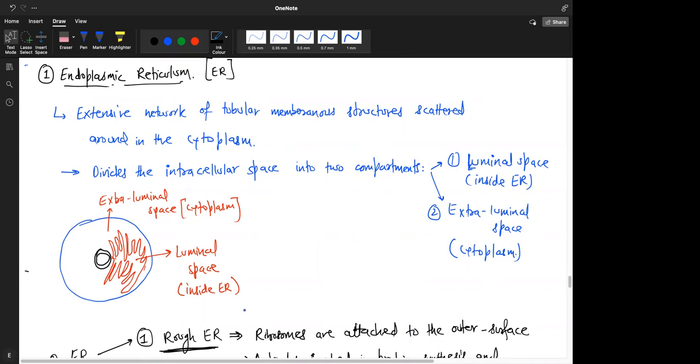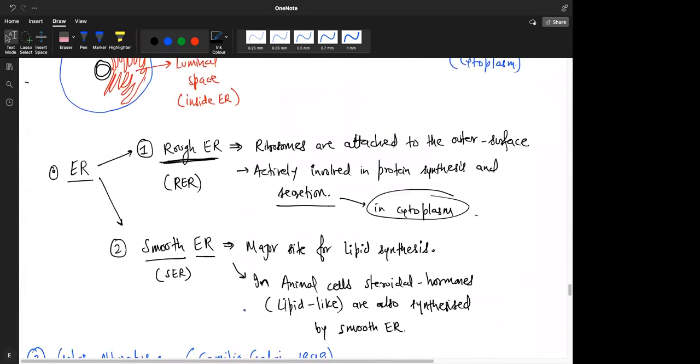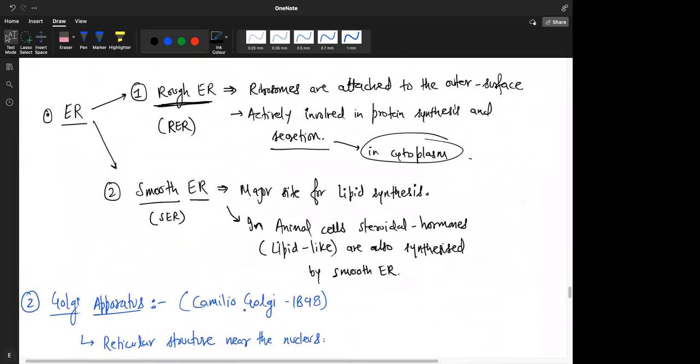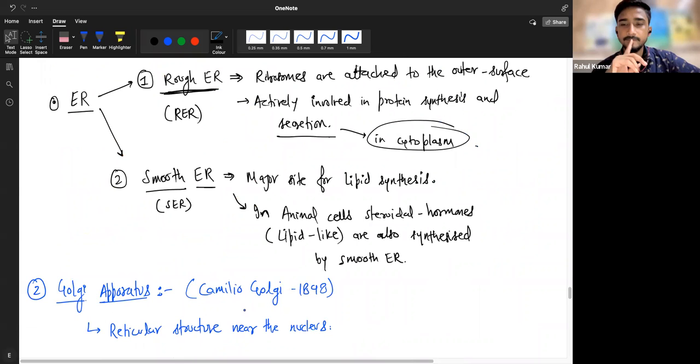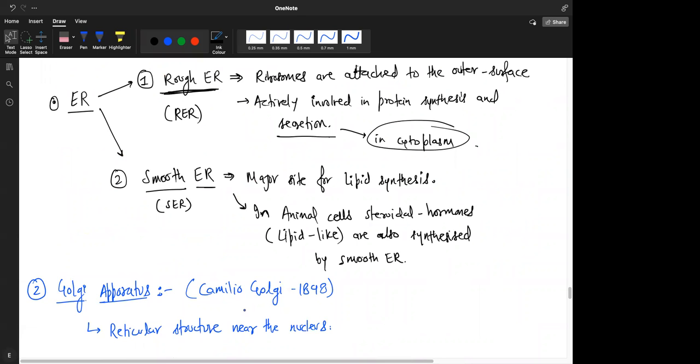In rough endoplasmic reticulum, ribosomes are attached to the outer surface, due to which it is called rough, and their function is protein synthesis. Smooth endoplasmic reticulum does not have ribosomes, due to which it appears smooth, and its function is lipid synthesis.